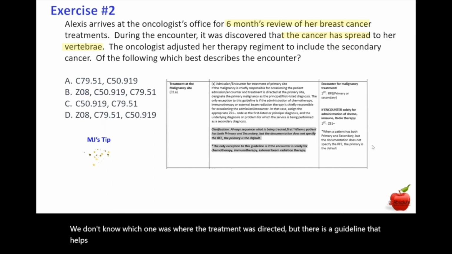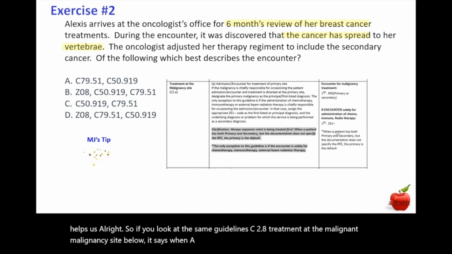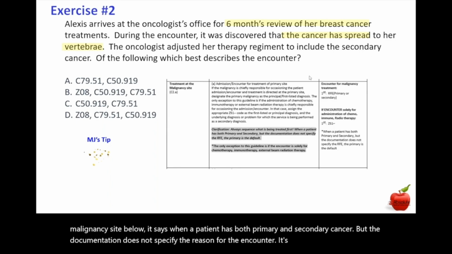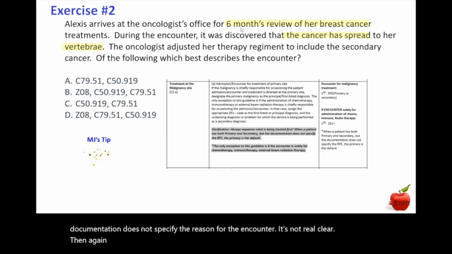But there is a guideline that helps us. If you look at the same guideline, C2A, treatment at the malignancy site, it says when a patient has both primary and secondary cancer, but the documentation does not specify the reason for the encounter, it's not real clear, but then again, maybe it is. They were discussing her breast cancer.